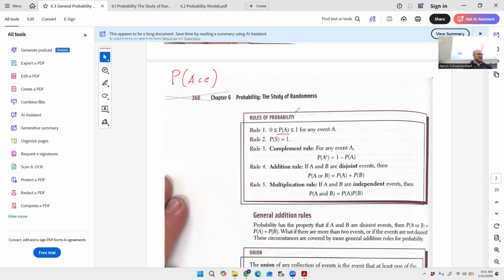The complement means not the event, so it's 1 minus the probability the event happens. Do these all make sense so far? There is not much logic so far in this. You haven't had to do much, but hopefully it is pretty straightforward.